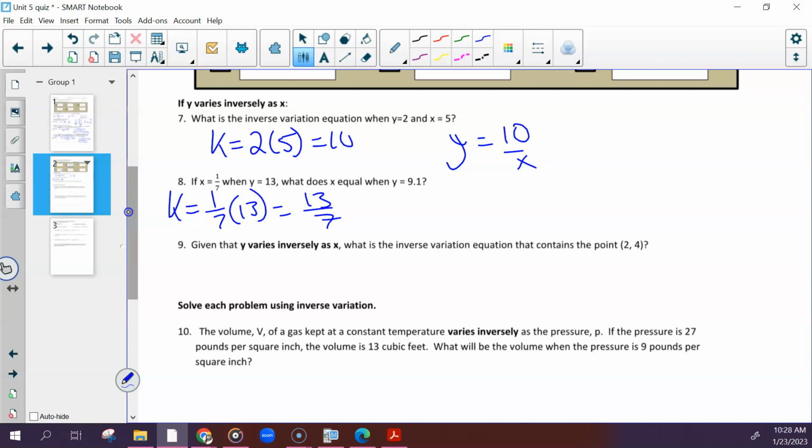Again, some of you were putting this back into the k equals, which was fine, or the y equals, which is also fine, either or. So the y equals would look like this. Put in 9.1 for your y.